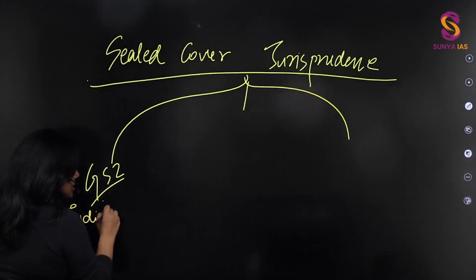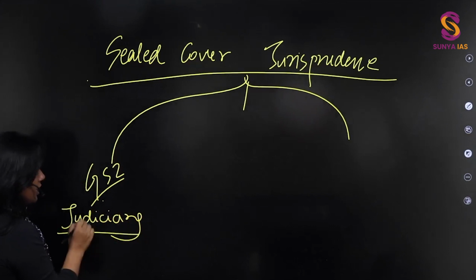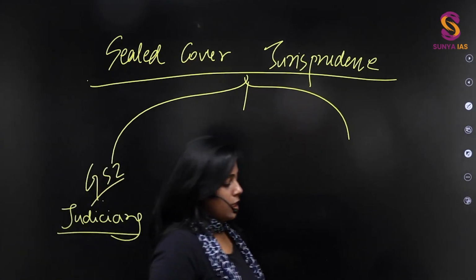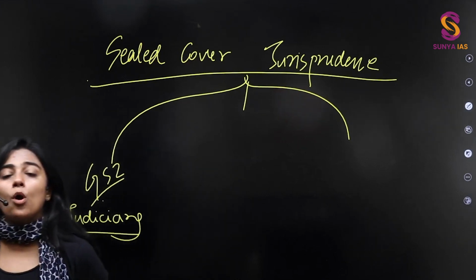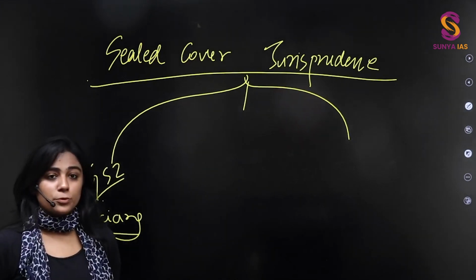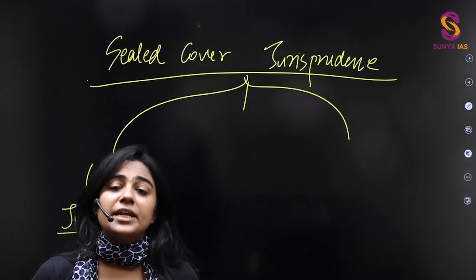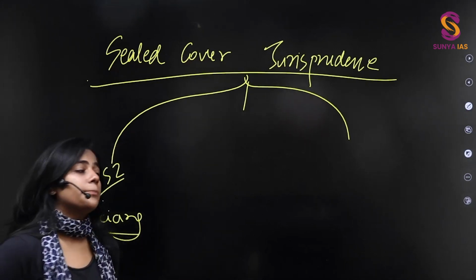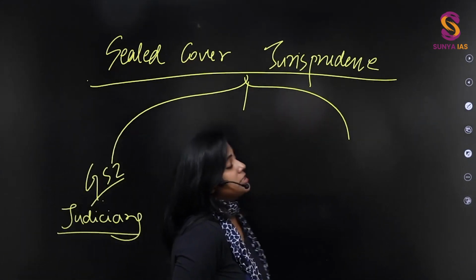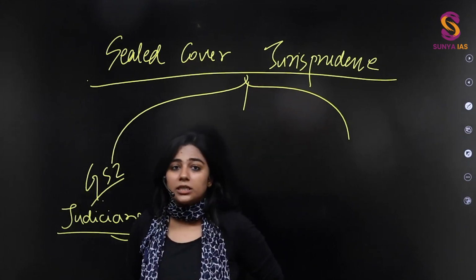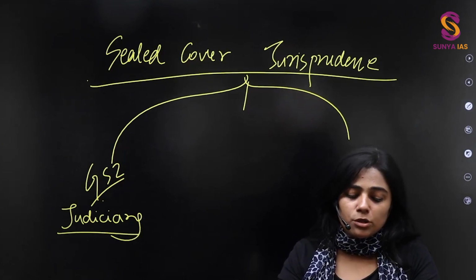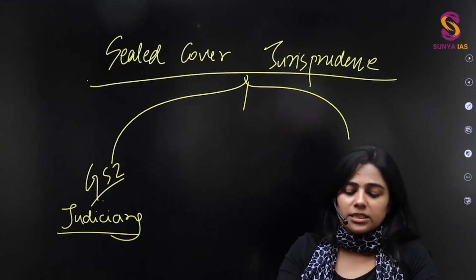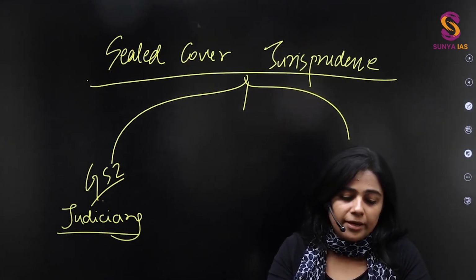And because the issues related to judiciary are often in news, you can even get a separate 10 marker asking you what is sealed cover jurisprudence, how does it impact the independence of judiciary, how does it impact the information dissemination to the people, right? So a multi-dimensional question can be asked over there.